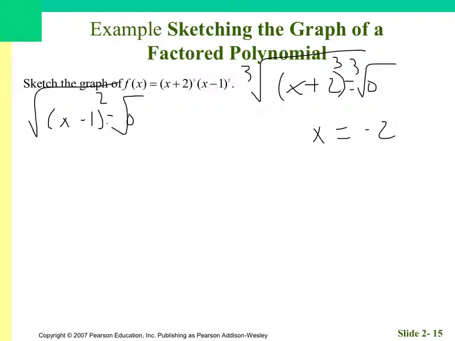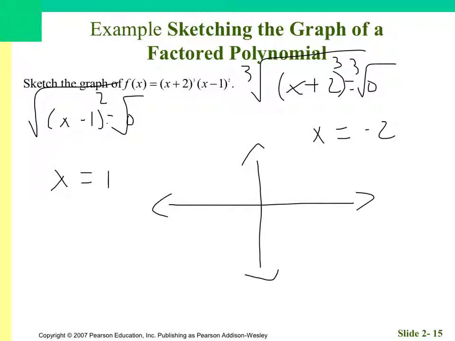Square root and solve, and you're going to get x equals 1. Now, this is where we have to think. So this is just a sketch, not exact. So I know I can go through negative 2, and I know I can go through positive 1.